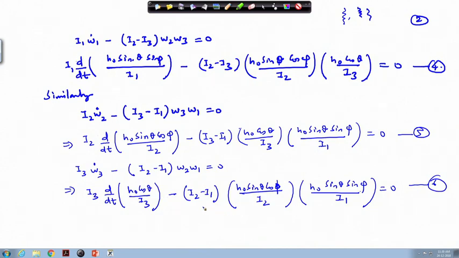Now, as we know that I 2 equal to I 1, this quantity is 0. So, this term vanishes and what we get from this place is H 0 cos theta equal to a constant. This implies cos theta will be a constant and from here theta is a constant.